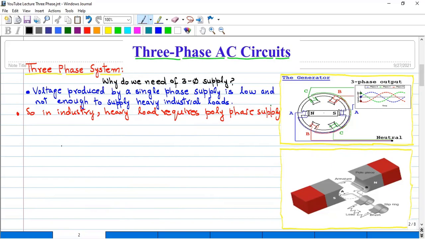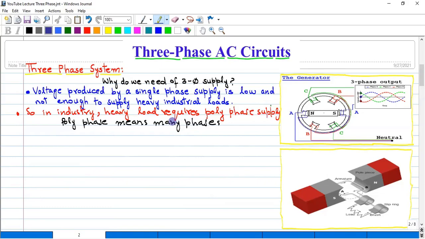Polyphase means many number of phases. It means I need to connect many single phase circuits in such a way that it will give us high voltage and high power.